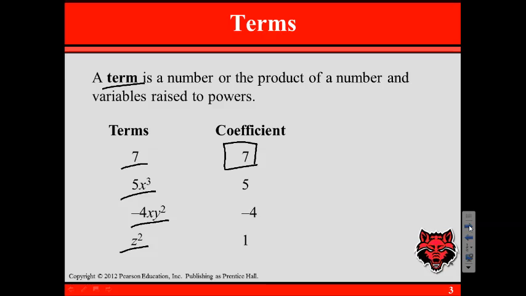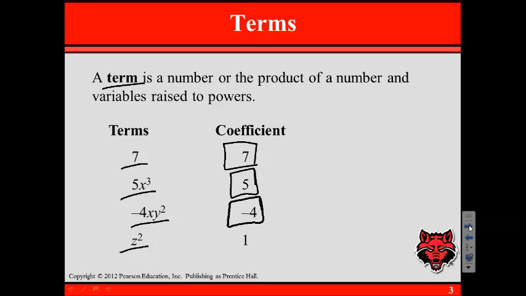In the second term, where we have 5x cubed, the constant that we are multiplying the variable by is 5, so the coefficient is 5. A lot of times it will be the leading number once the term is simplified, once all of the factors that are constant have been multiplied together. Likewise, a negative 4xy squared, the constant that we are multiplying the variables by is negative 4.